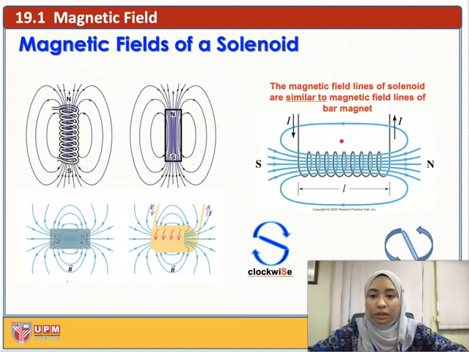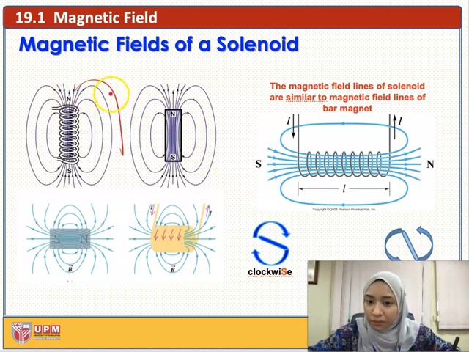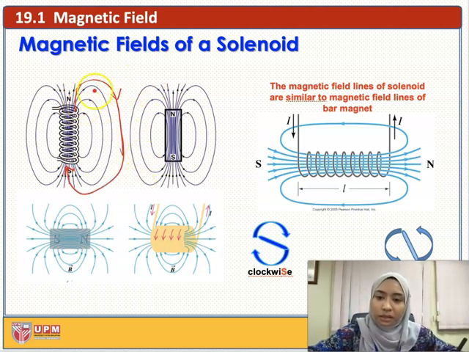Okay, so the direction of the magnetic field of the solenoid is as follows. I told you, the magnetic field always starts from the north and ends at the south. So if you have loops like this, it should always end at the south.